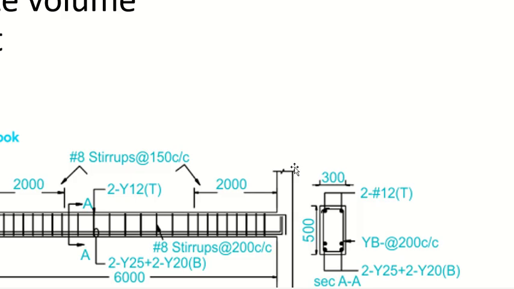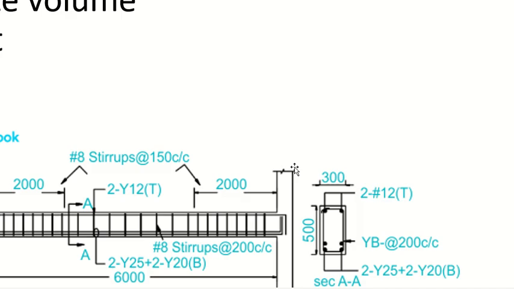Stirrups we have done earlier, right? Guide me. How do I calculate the length of one stirrup? You have the cross section in front of you. So what do I add? Perimeter.